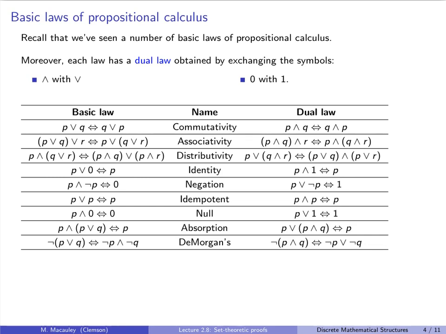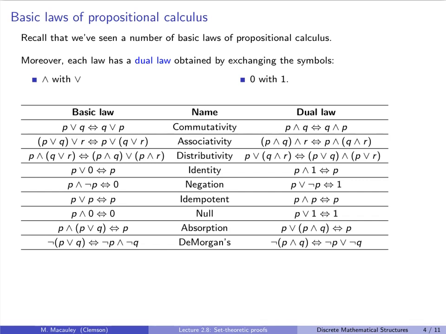Recall that we have seen a number of basic laws of propositional calculus in a previous lecture. I think it was 2.3, equivalence and implication. And each of these laws has a so-called dual law that is obtained by exchanging the symbols and with or and 0 with 1. So since we've seen these before, I'll be brief in summarizing these.